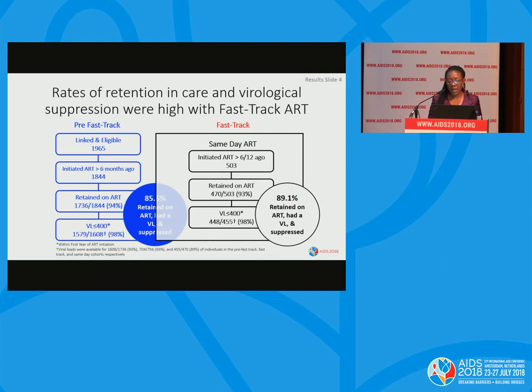And we further looked at the subset of the fast track who were initiated on the first day. Out of 503, 93% were retained on treatment and 98% were virally suppressed. And again, if we were to assume that those who didn't have viral load test results were not suppressed, 89.1% of those retained on treatment had viral load and were suppressed.